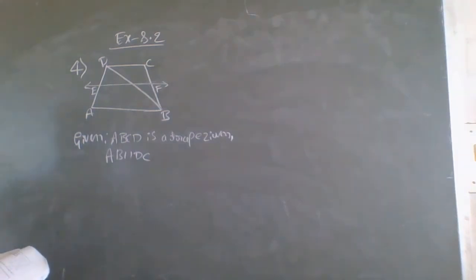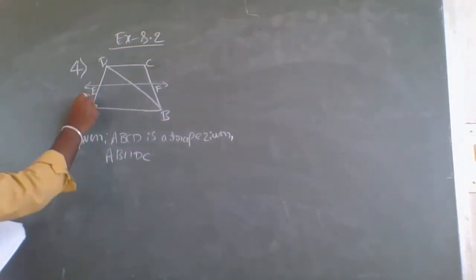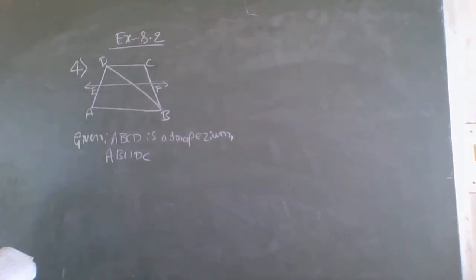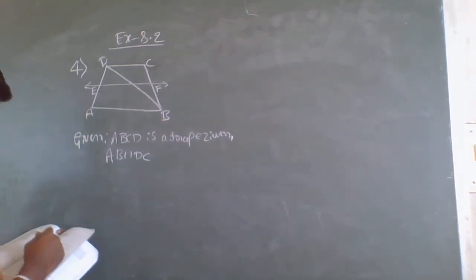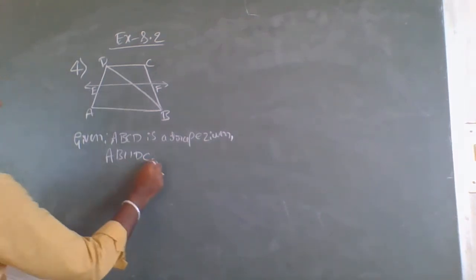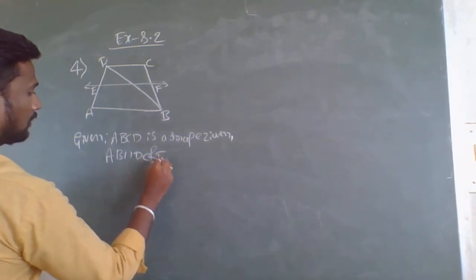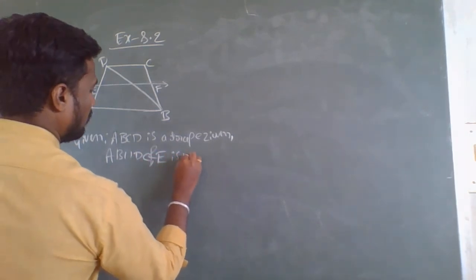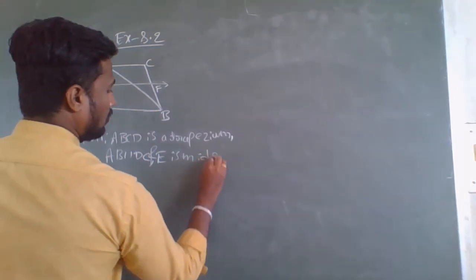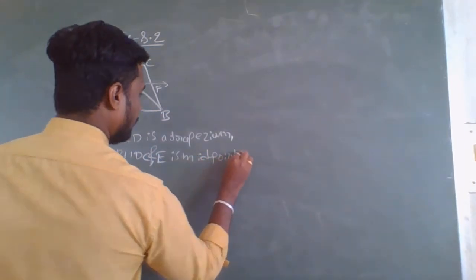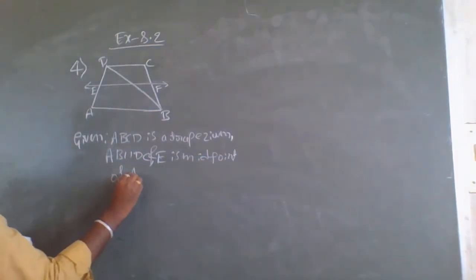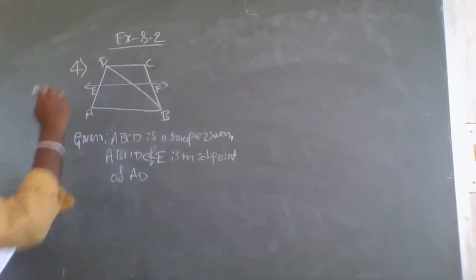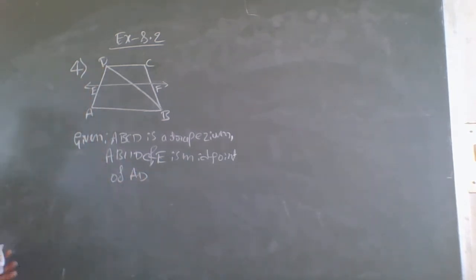BD is the diagonal, and E is the midpoint of AD.